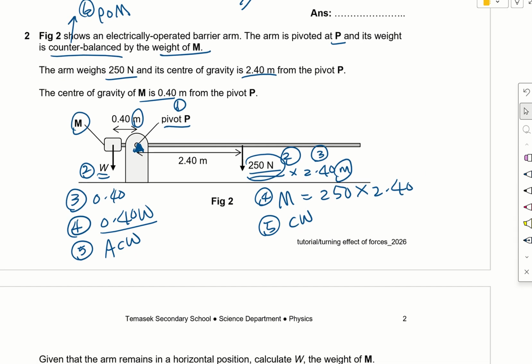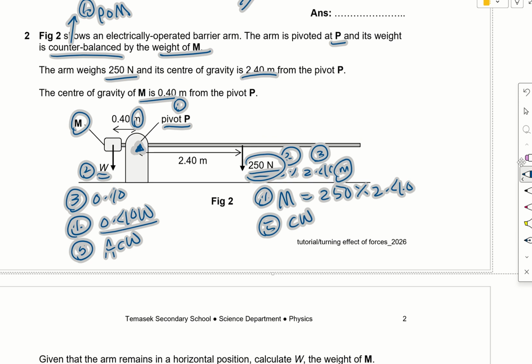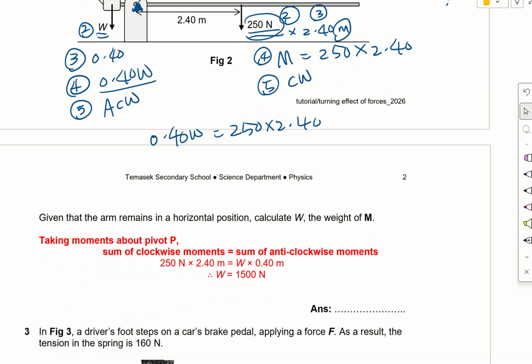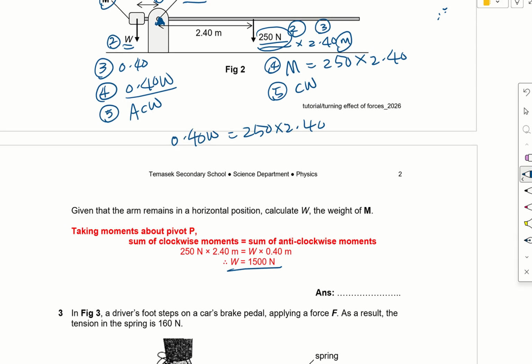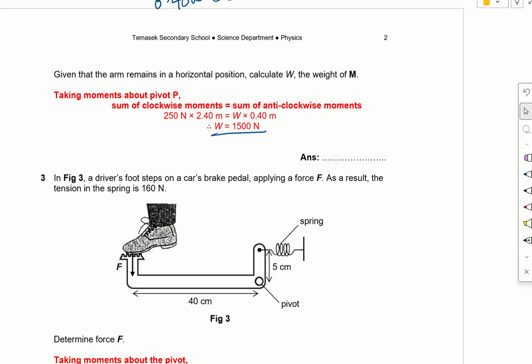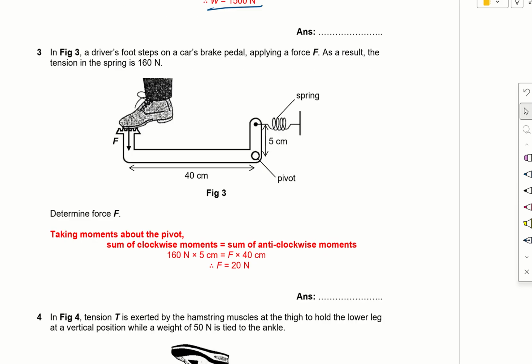That means I can apply my principle of moments. So I will have 0.40 W equals 250 times 2.40. I should get 1500 Newton. So this is still easy. Let's keep on applying the 6 steps.